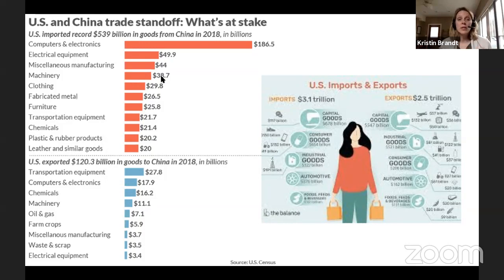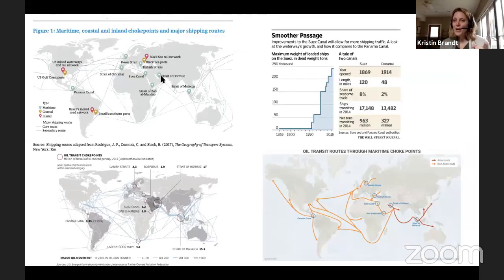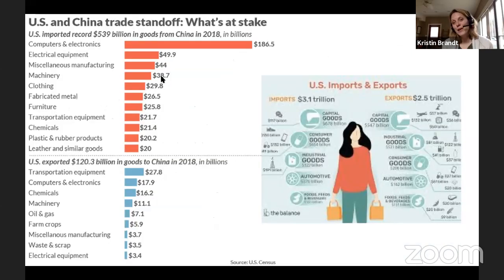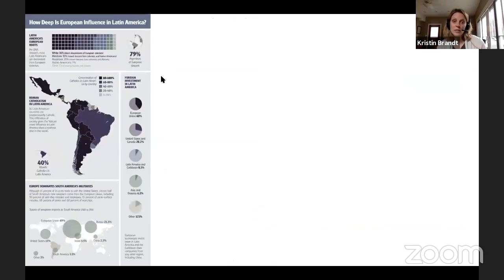Take a look at this. We know the standoff that they're talking about here in 2018, these are the things that we import or export. And so there's all these different types of goods as well that maybe we're not going to cut you off by trade, but we could through tariffs. And so those taxes just add another layer to that story when you're trying to explain and enhance that movement of goods.